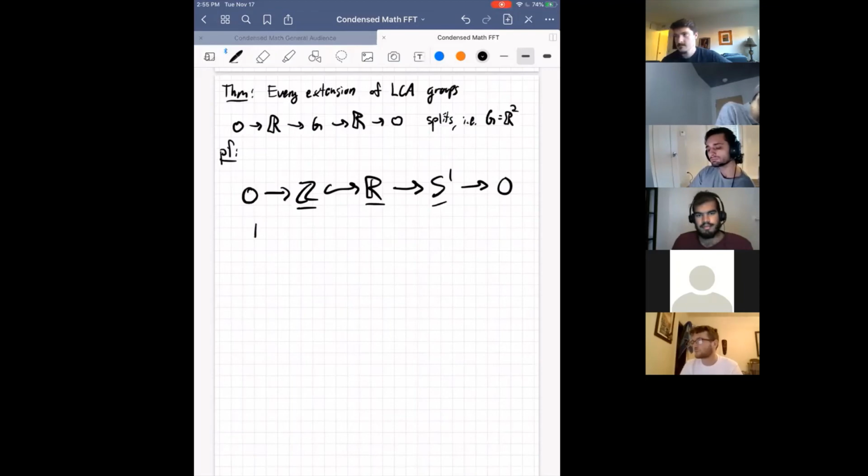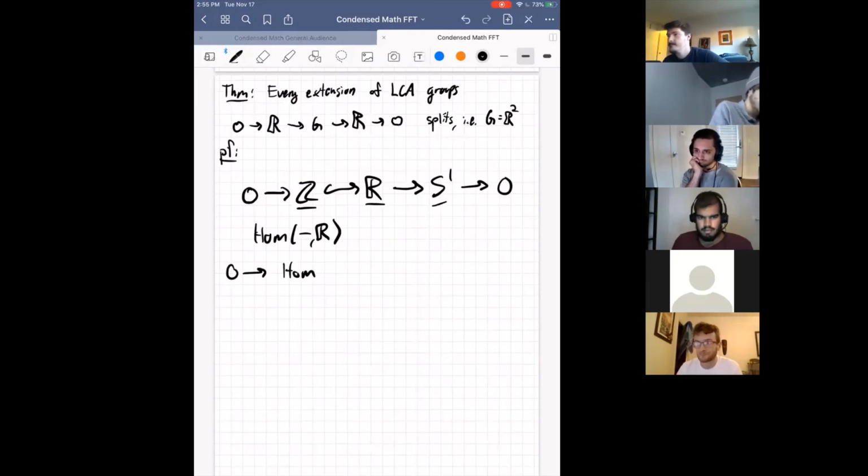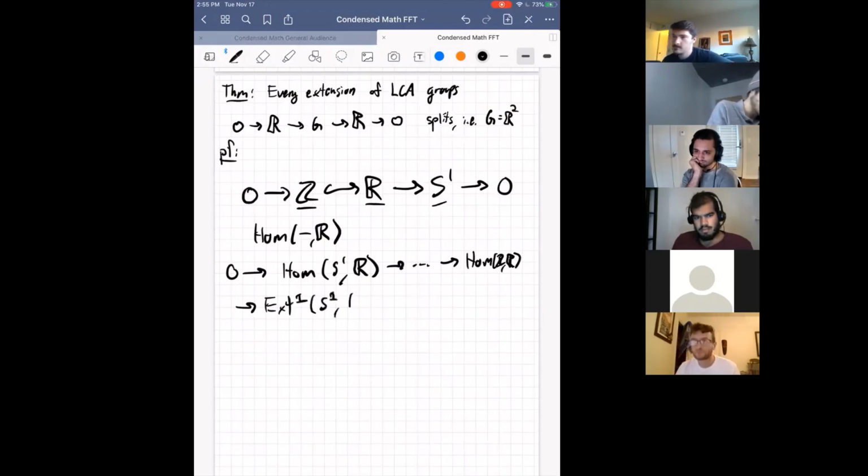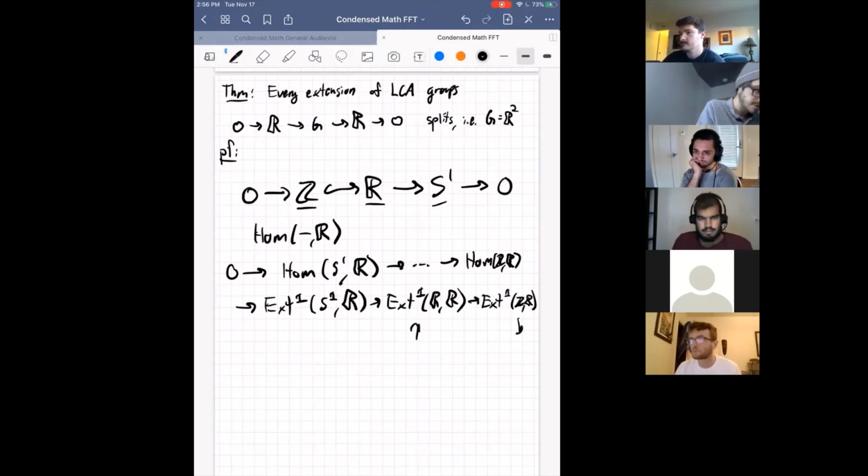Then I apply Hom with R, and I'm going to get the same long exact sequence: Hom(R, Z), Hom(R, R), Hom(R, S^1), then Ext^1(R, Z), Ext^1(R, R), which, if you remember, was the thing from the very beginning, and that goes on.